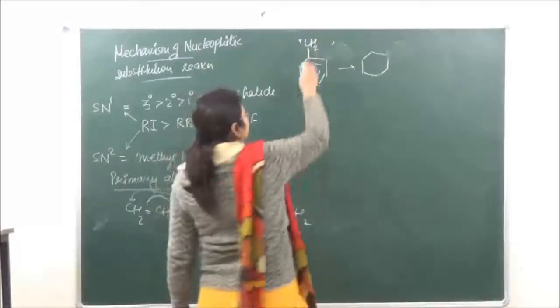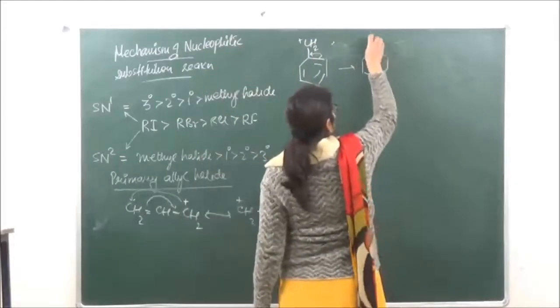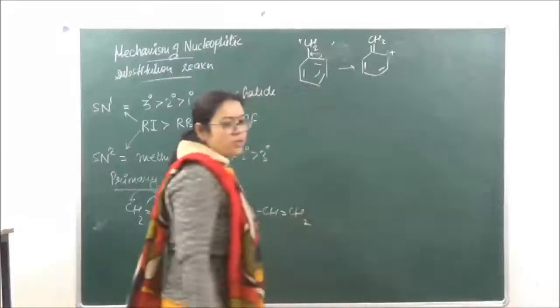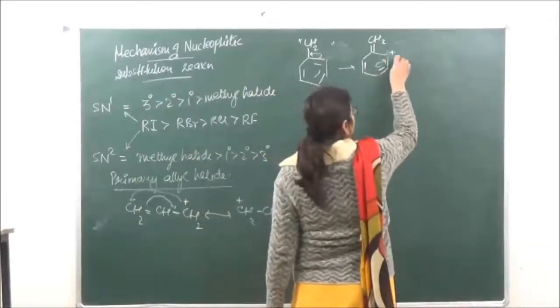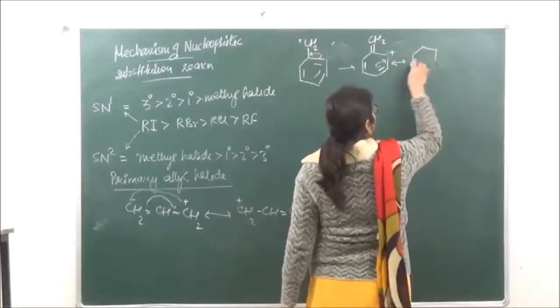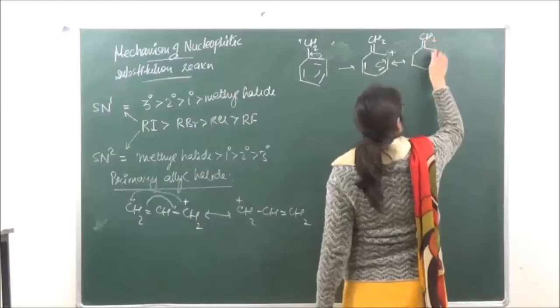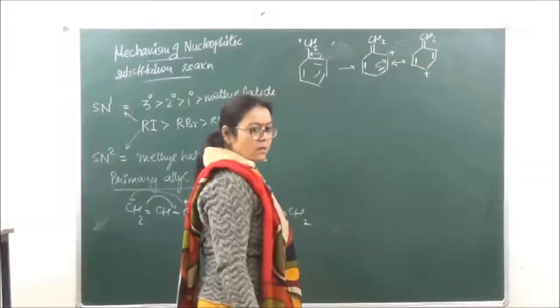So this is going to go over here and the positive charge will come here, such that we have the first structure as positive charge here and this is the first resonating structure. After that this will shift here. The second resonating structure which we have is double bond CH2. The positive charge shifts.